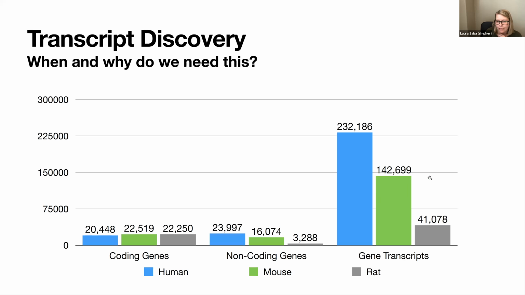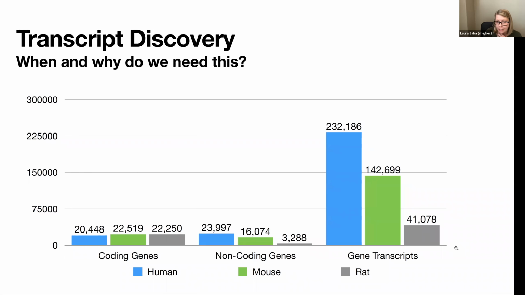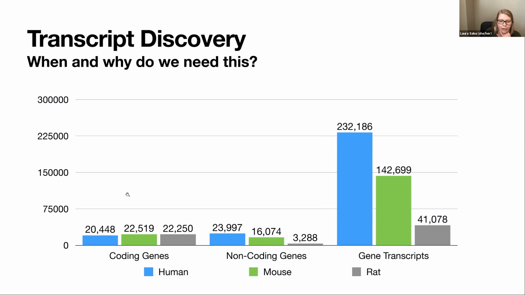In rodents, we've got something like 7, where in rats, we have 1 or 2. So again, if you're interested in splicing, then transcript discovery is something that would be of interest to do. Whereas if you're only interested in doing a gene level quantitation, it may not be necessary to go through the transcript discovery phase.